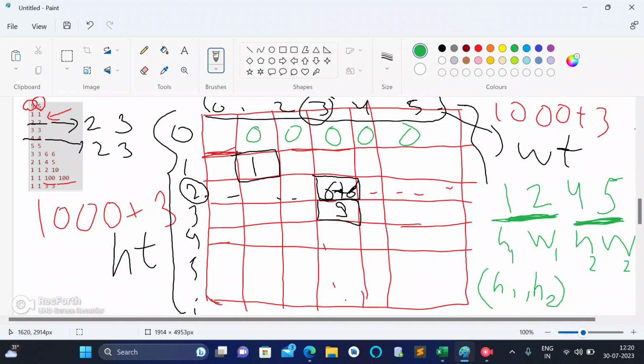All the rectangles which satisfy this query must have a height between h1, that is 1, and 4. If it is less than or equal to 1 or greater than or equal to 4, then that rectangle will neither be able to enclose 1 cross 2 nor be enclosed by 4 cross 5.